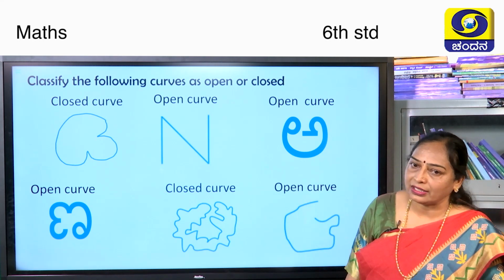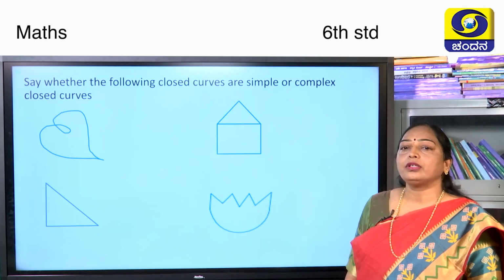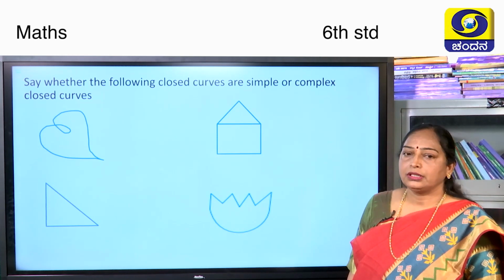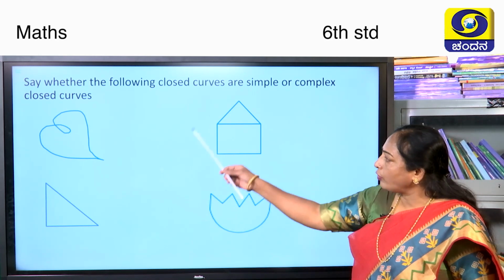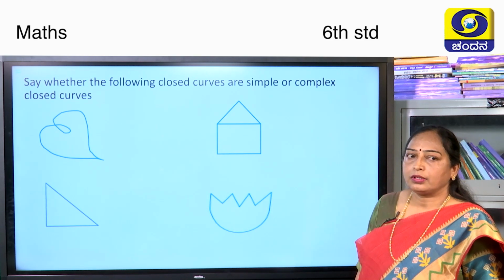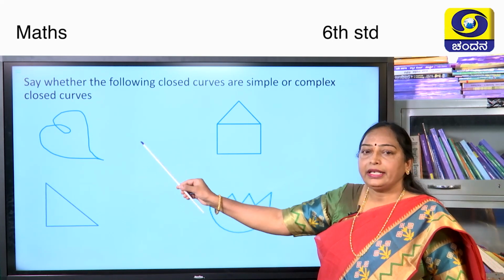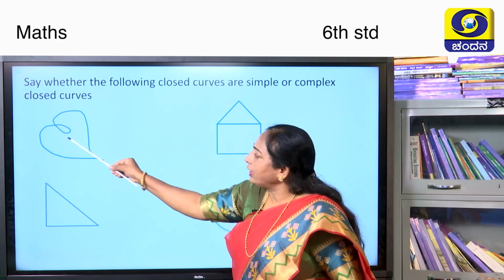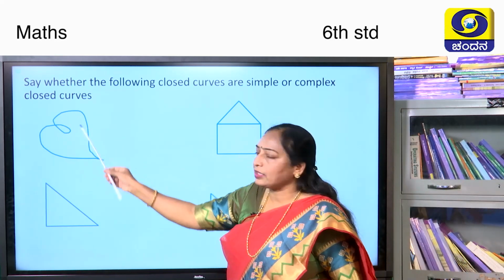Did you understand, children? Say whether the following closed curves are simple or complex closed curves. Children, these all four figures are closed curves. In the first figure, it crosses itself. Look here, it crosses itself.